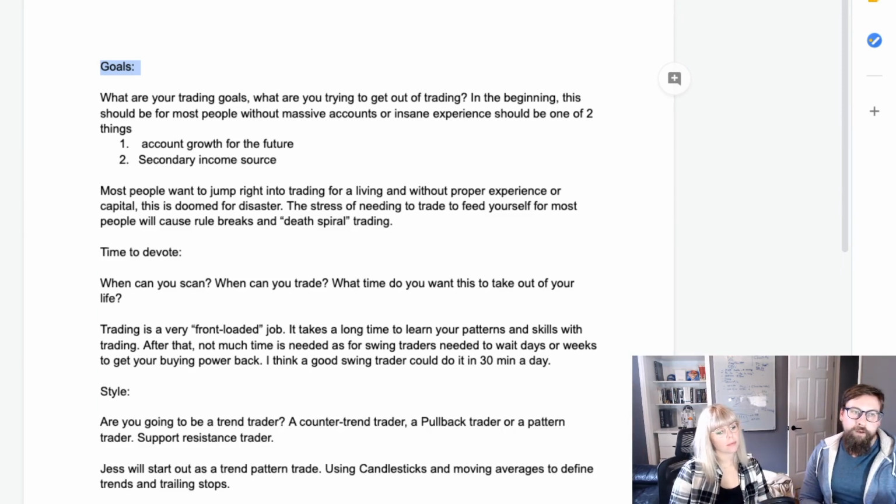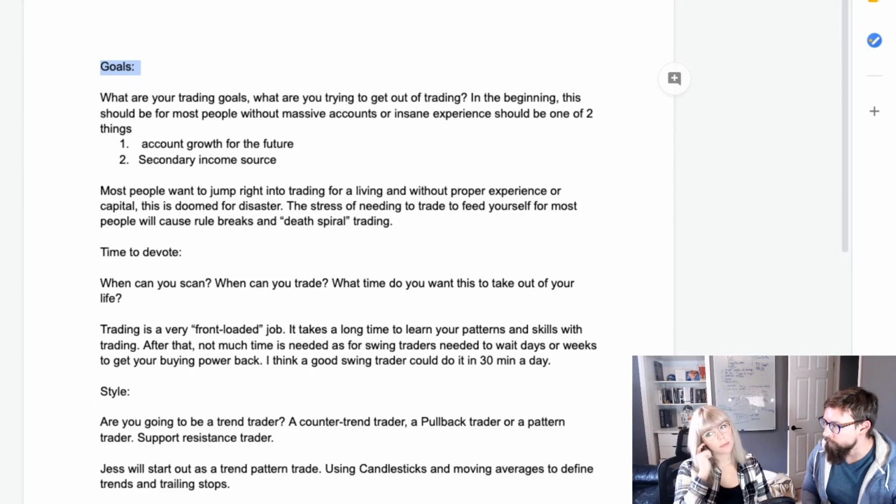The last little bit is account growth for the future, right? Maybe you're okay with where you are working now, but you want to build a trading account and learn the skill so that down the road, when it's time to retire, or when it's time to leave, you have both the finances built up and the skill built up, so that's something you can do going forward.